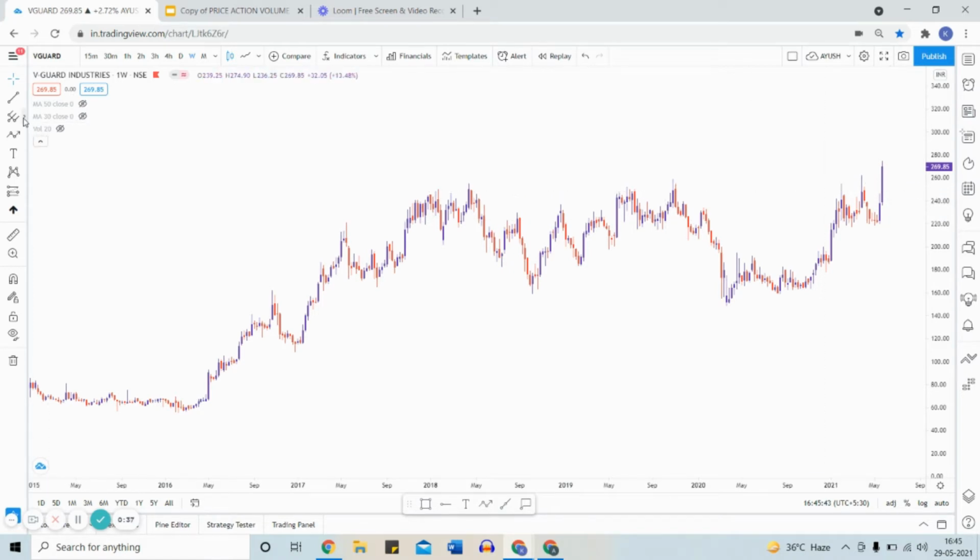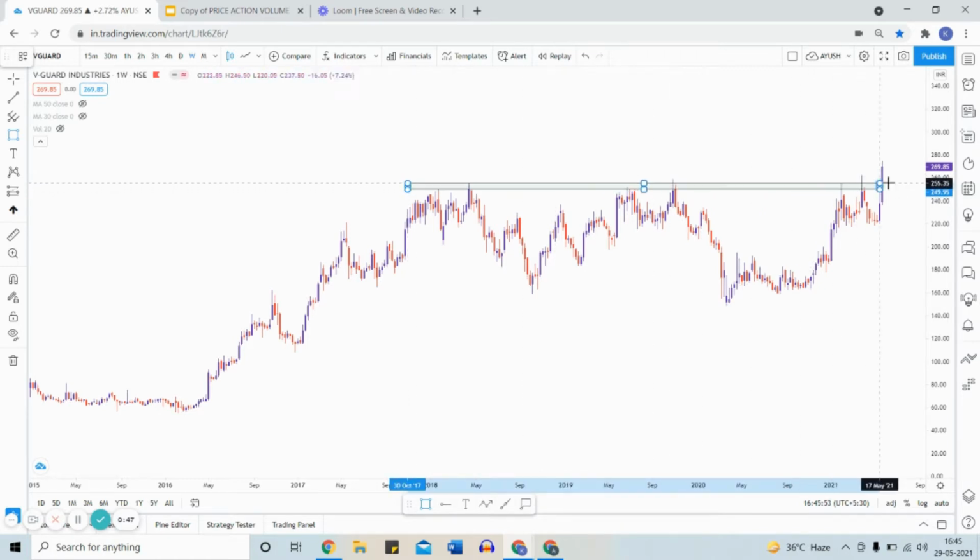So the logic is, if you just see the price levels from where the stock was getting rejected, you can clearly see that from this level, for the past 4 years, since 2017, it was coming to 245 to 250 levels and getting rejected.